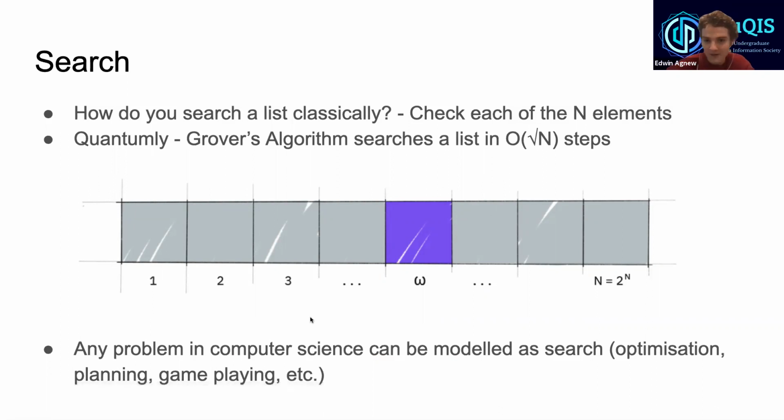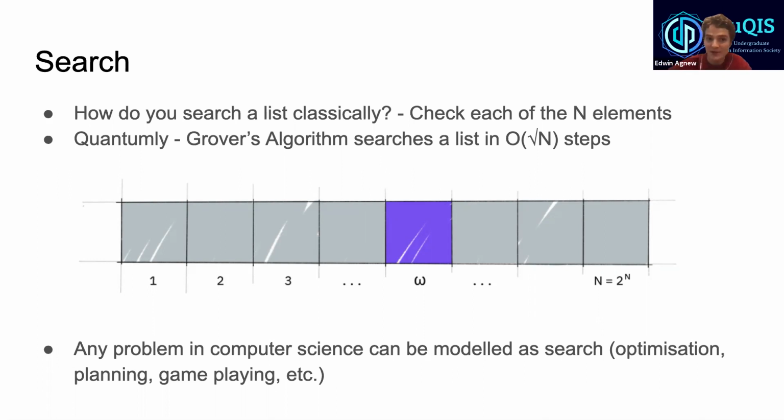Imagine you had some list of elements and you wanted to find a particular one, which in this picture is purple. On a classical computer, the best way to do that is to go through them one by one and check if it's purple, and if it is, then you stop. So in the worst case, if this purple one was at the very end, this would take n steps.